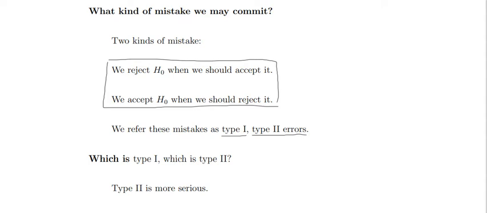Only if we have enough information, only if we believe this guy is very trustable, then we can believe his claim, right? So sometimes our rejection is wrong. We call this rejecting H0 when we should accept it. So this is type 1.